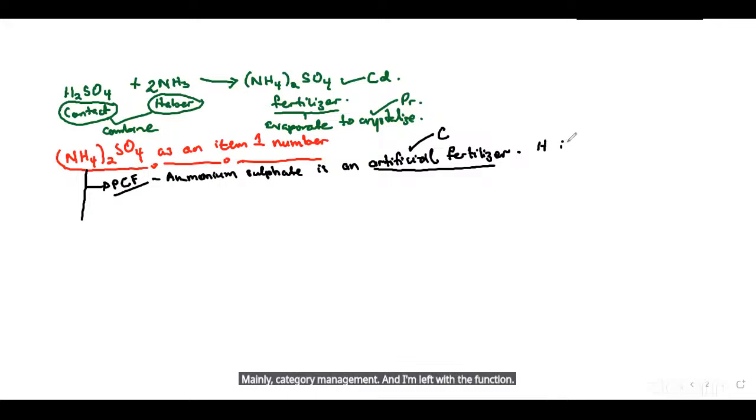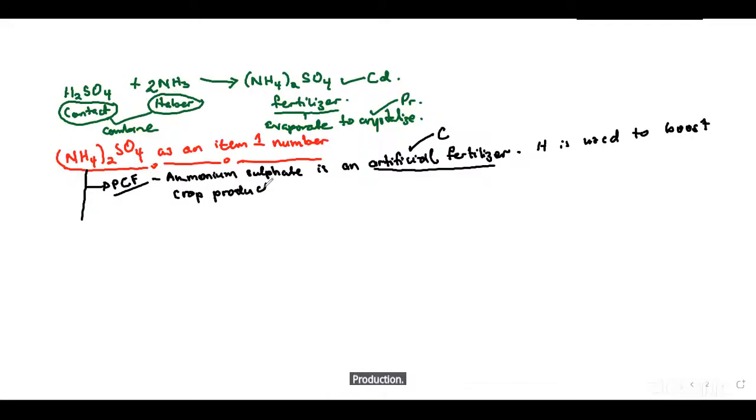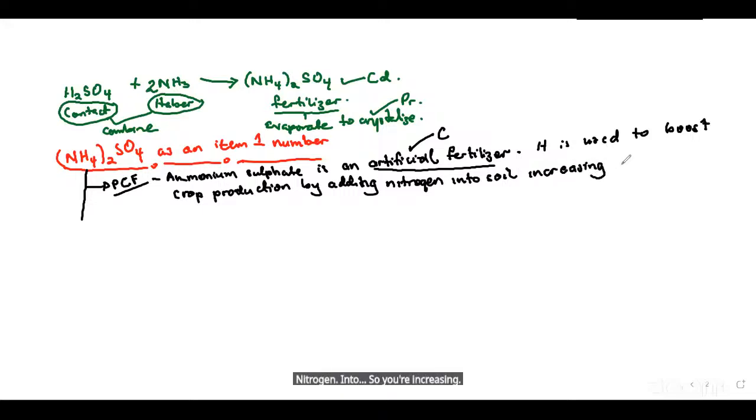It is used to boost crop production by adding nitrogen into soil, increasing its fertility.